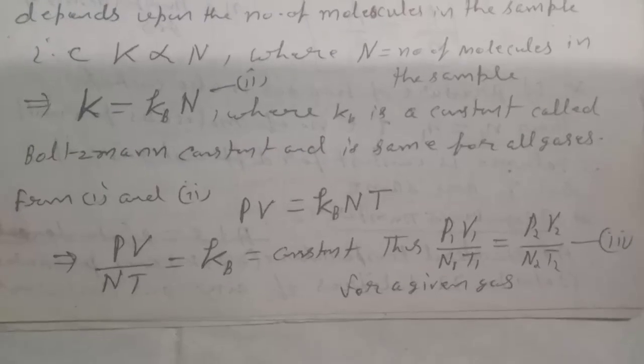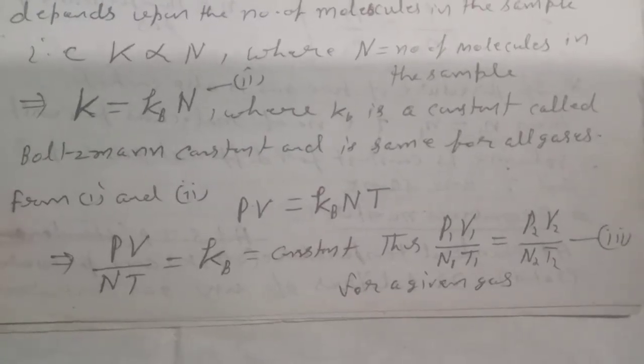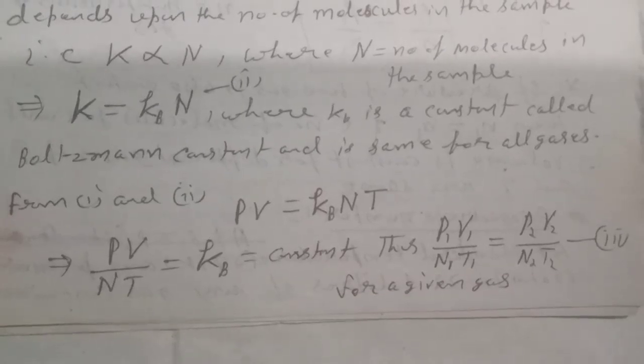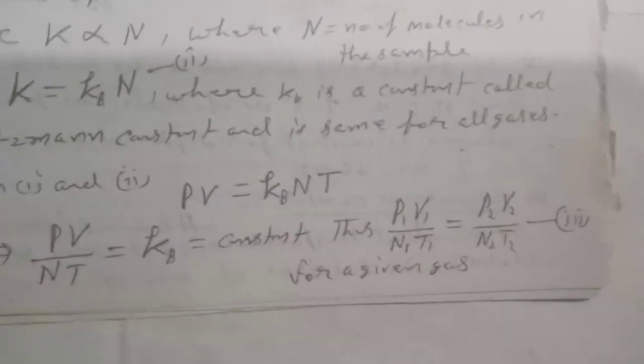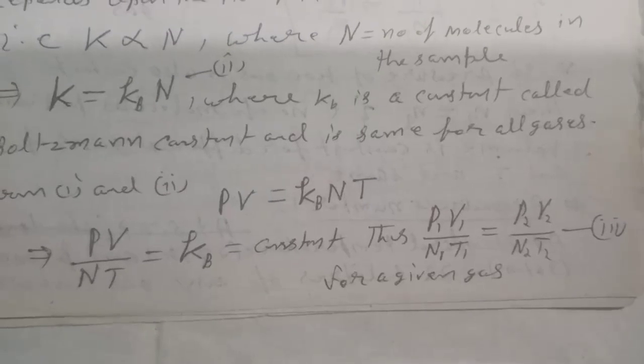From 1 and 2, PV equals k_B N T. This implies PV/NT equals k_B, which is a constant. Thus, we can write P1V1/N1T1 equals P2V2/N2T2 for a given mass of gas.